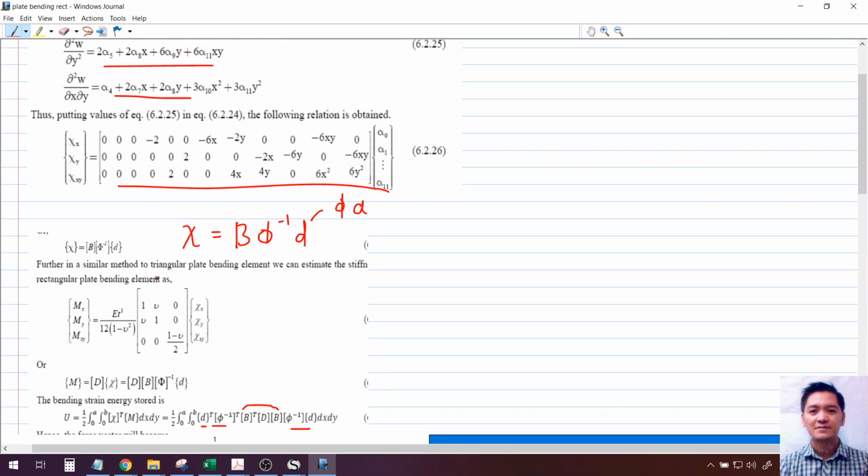Okay, further, parang sa beam ulit, di ba? Sa Euler-Bernoulli beam, M moment is EI times the curvature. Okay, ganun din sa plates. Sa plates naman, M is, ito, constant naman to, D matrix, from elasticity discussion, times the curvature.